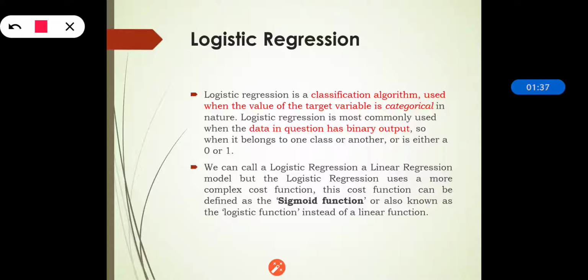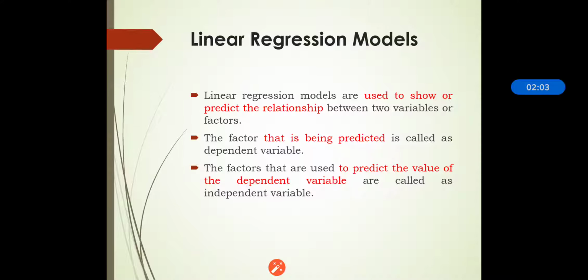This cost function is defined as the sigmoid function, also known as the logistic function, instead of a linear function. The goal of logistic regression is to use the training data to find the values of the coefficients. That is the main idea of logistic regression.